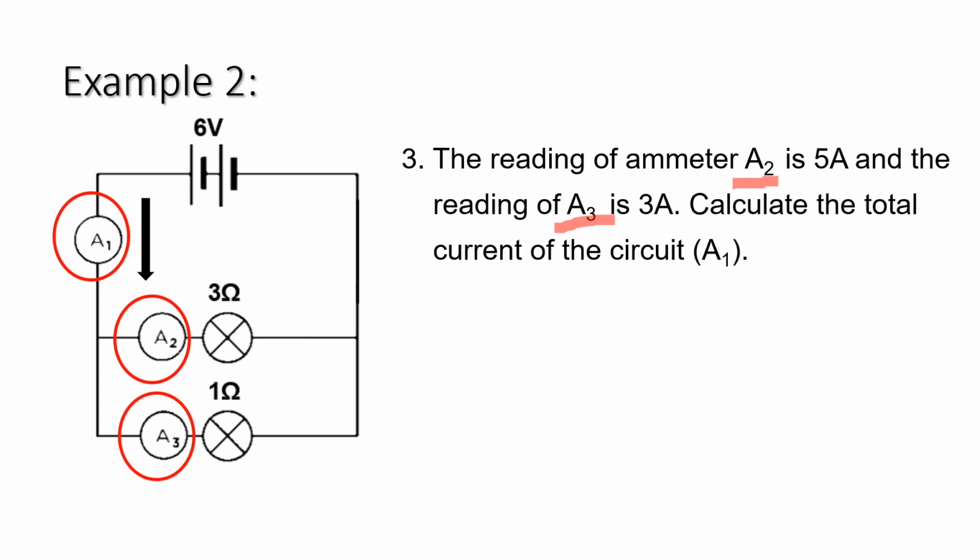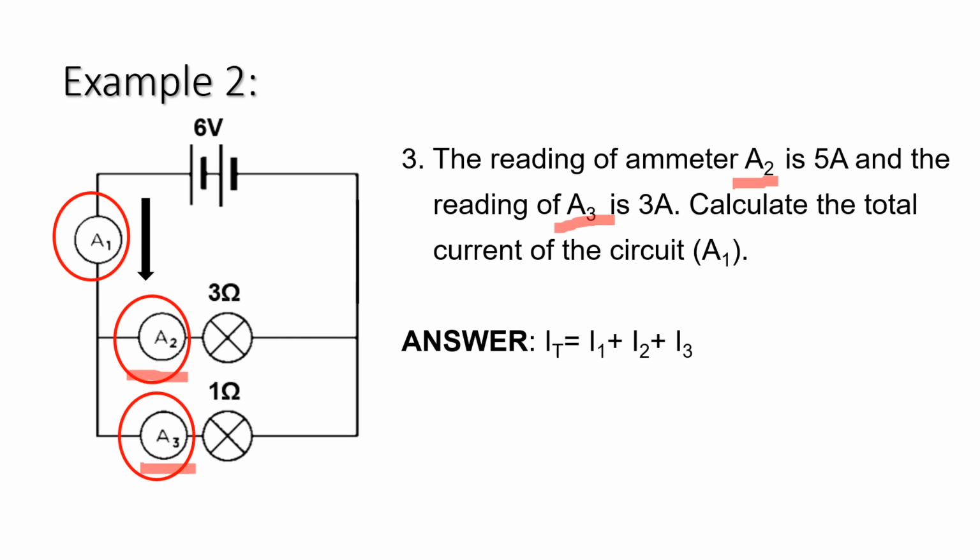Because there is one pathway here, it will give us the total current that will split into A2 and A3. The formula which we use to calculate current in parallel is IT is equal to I1 plus I2.